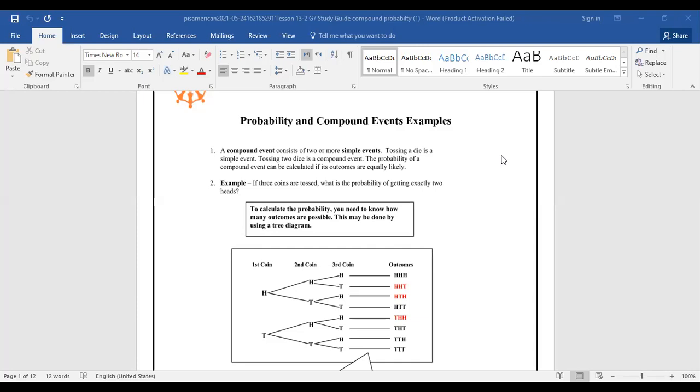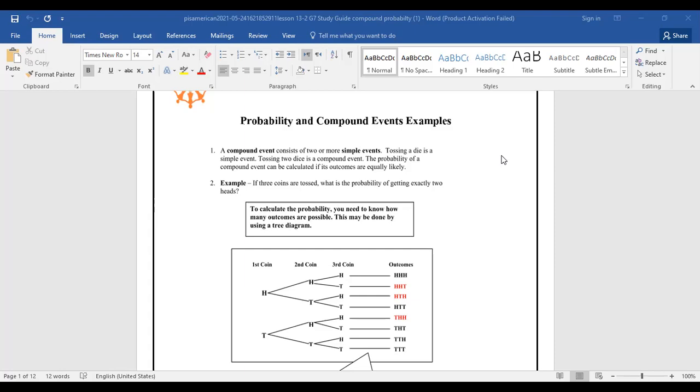So, for example, if 3 coins are tossed, what is the probability of getting exactly 2 heads? Then, to calculate the probability, you need to know how many outcomes are possible. This may be done by using a tree diagram.